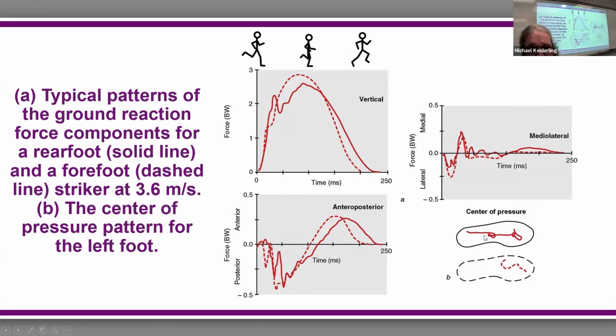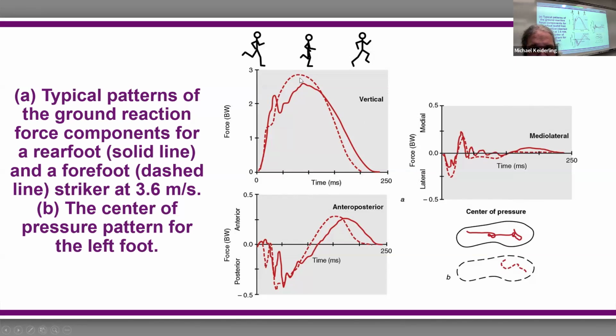And then this is the center of pressure pattern, how it moves for the left foot as you run. You can see how they move. So again, the solid line is the rear foot that you're taking off with.